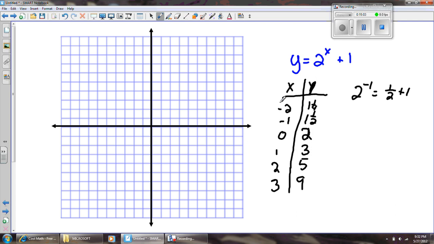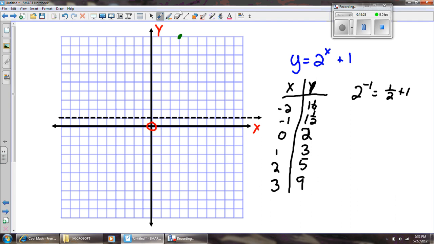Remember, there's going to be an asymptote going on here. I believe the asymptote is going to be at y equals 1, right? And if I plot these points, and let's see, there's the origin, x-axis, y-axis. At 3, I'm all the way up at 9.